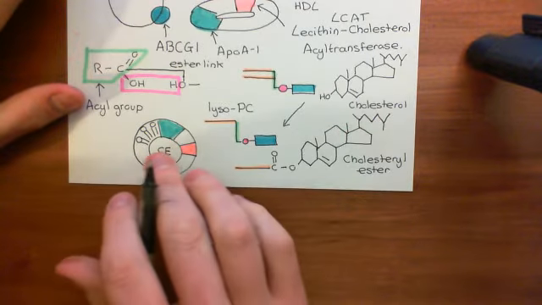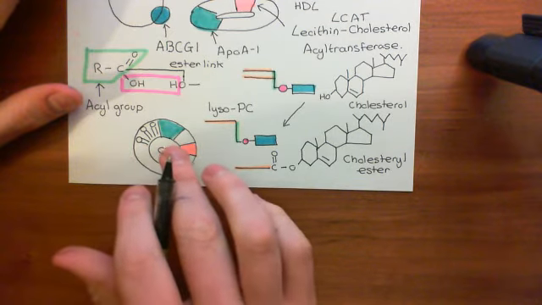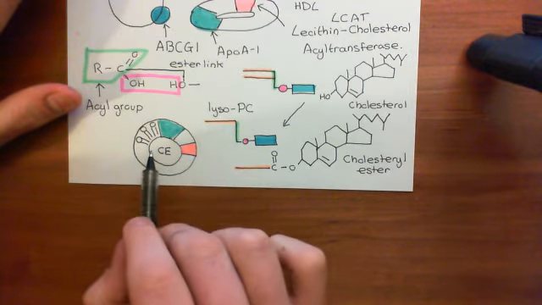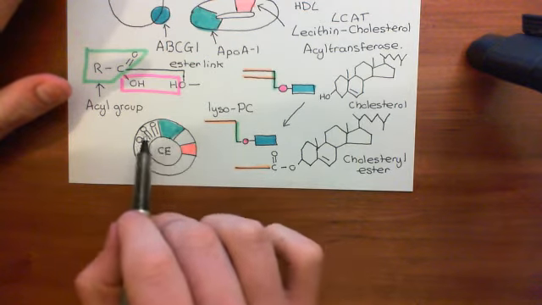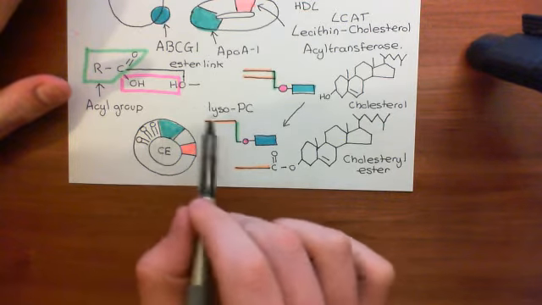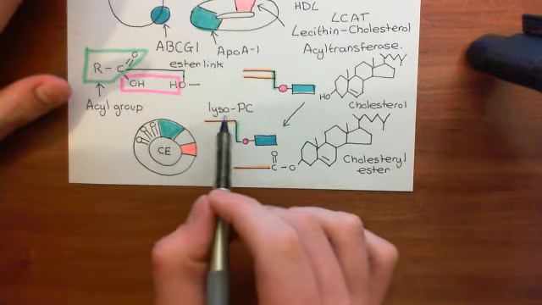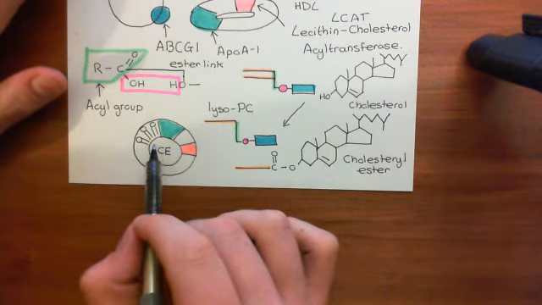Now you might be wondering, how do you gain more apolipoproteins? Because remember, HDL molecules didn't just have a single apolipoprotein in most cases. Well, the apolipoproteins are being produced by the liver and put into the blood, so they can just join the HDL from the blood.